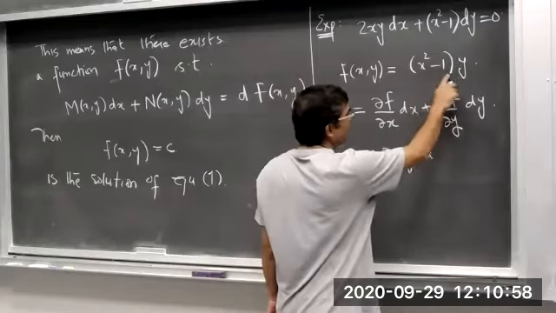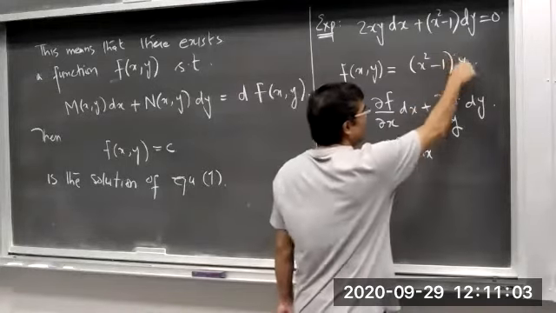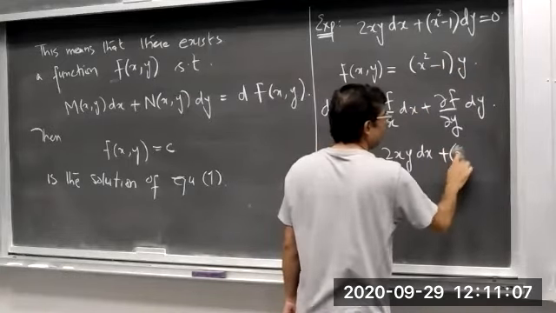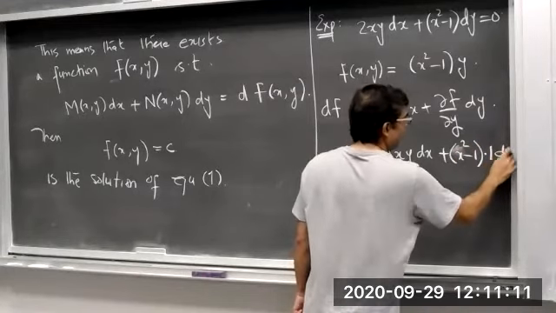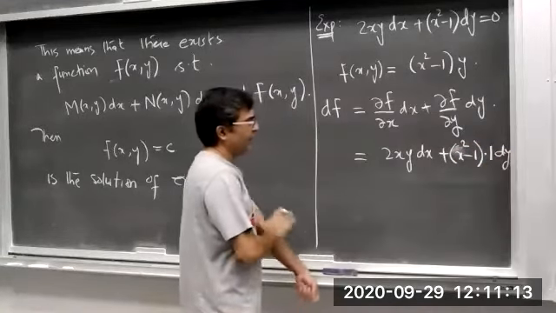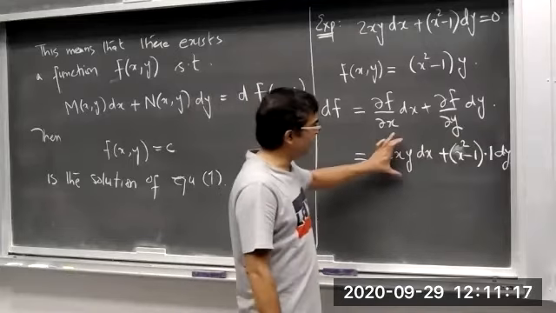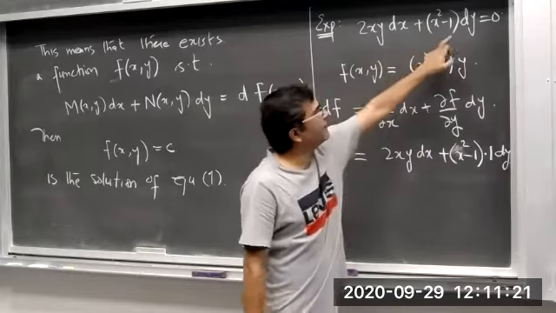Here x square minus 1 will be treated as constant, and the derivative of y is 1, so x square minus 1 into 1 comes here, and we have dy. Okay. Now, can you see what this expression is? This expression is the left-hand side of this given equation.